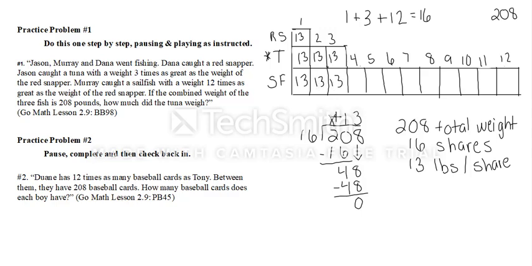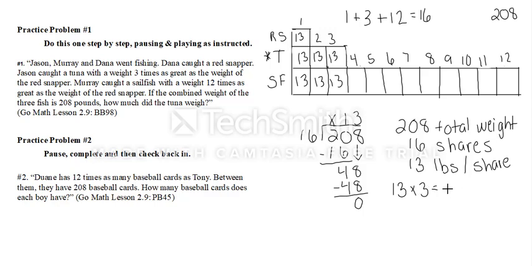So it asks, though, if I not only look at my asterisk as my reminder, but I look at the question, it asks only about the weight of the tuna. So now that I know how many shares each fish has, and that a share is 13 pounds, I'm going to do the work only for the tuna fish. So the tuna fish is the 13 pounds, but it gets that 3 times.